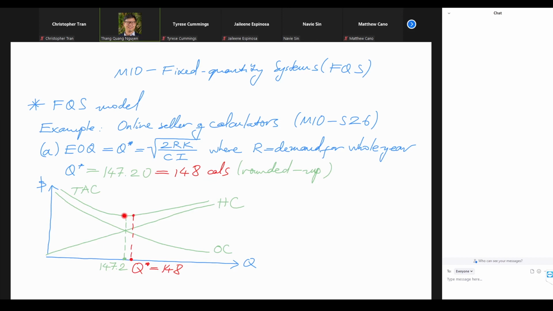Because we cannot operate at that decimal number of calculators, we have to move it up a little bit to be here. So we incur a cost a little bit higher than the theoretical minimum point. That's what we call the optimal quantity, because that will help us to minimize the cost as much as we can, ultimately to optimize our operation.